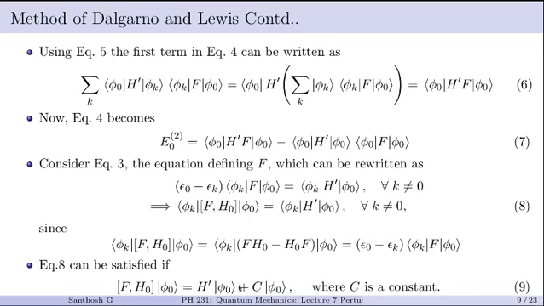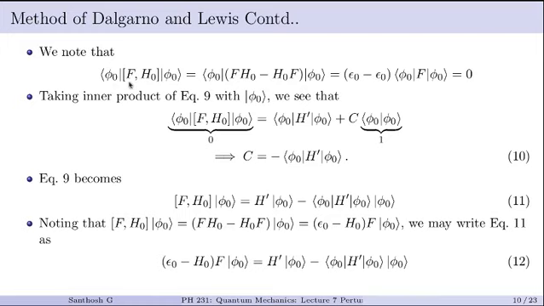Now, to find this constant c, we consider the inner product of this equation with phi 0. Okay, then phi 0 inner product with f commutator h0 acting on phi 0 can be expanded in this form. So this is the inner product of phi 0 with f h0 minus h0 f acting on phi 0. But if you consider the first term, h0 acting on phi 0 is epsilon 0 times phi 0, and therefore that term can be written as epsilon 0 inner product of phi 0 with f phi 0.